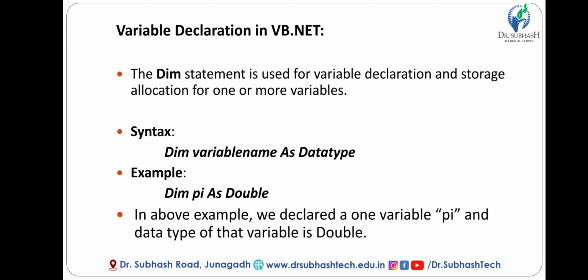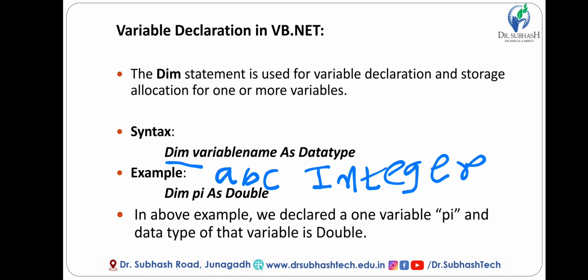Now what is the syntax for it? Dim variable name As data type. If you studied previous languages like C, C++, then all of you are aware of the syntax. This is a particular method of how to declare a variable. First of all, the Dim statement is written. Then after that a particular name, suppose we take A, B, C, as data type, suppose we want to write Integer.